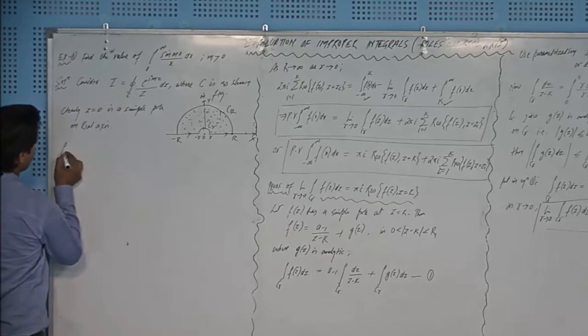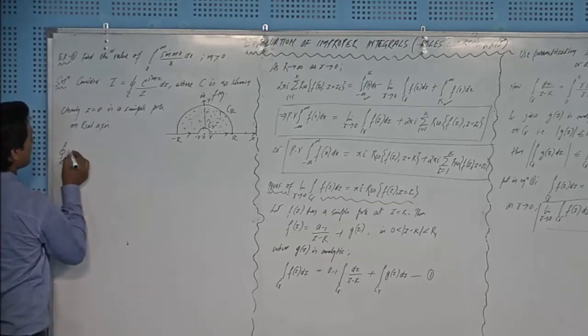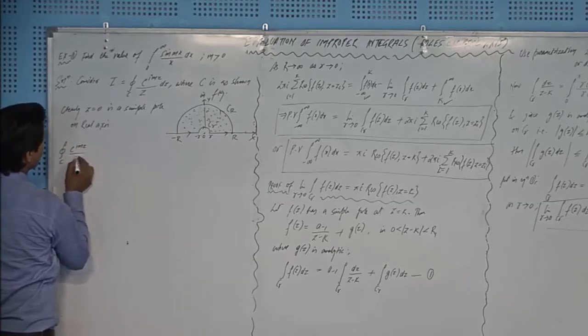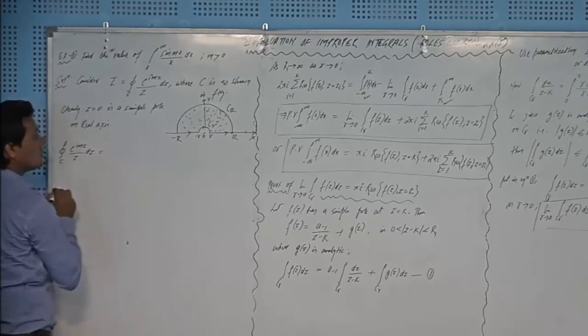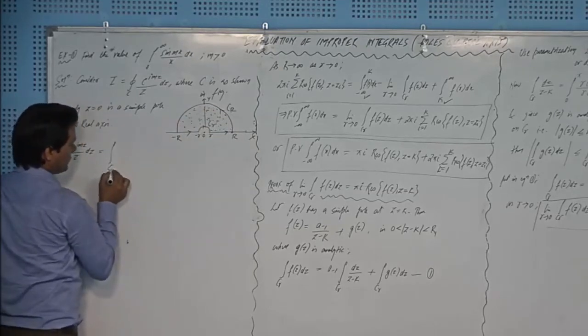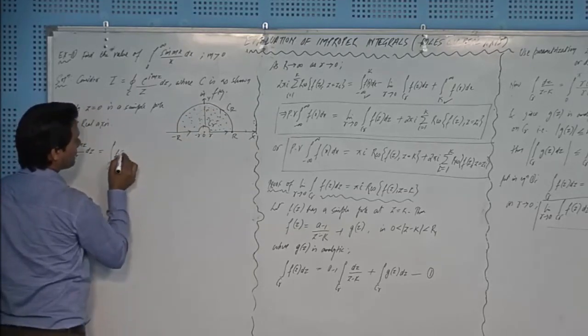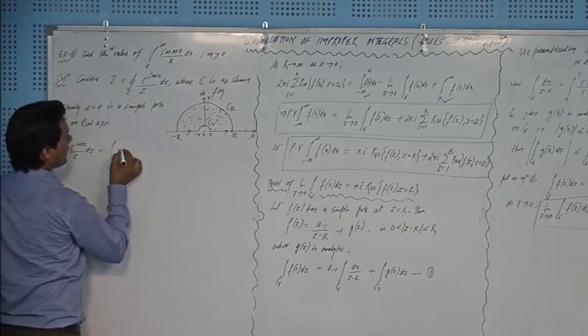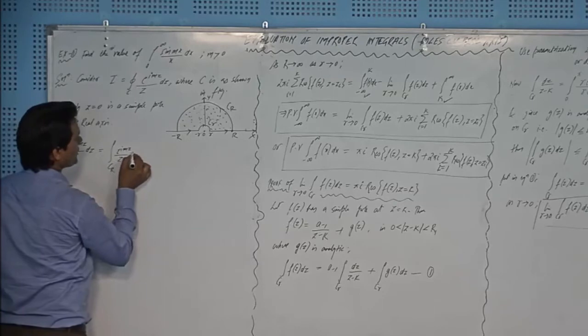Now I will use the breaking of integrals. The integral of e to the power iota mz over z dz over C equals the first one, the bigger semicircle C capital R, where f of z is e to the power iota mz over z dz.